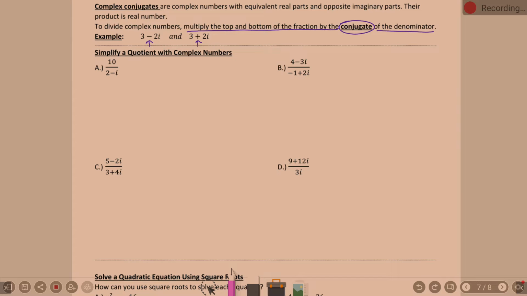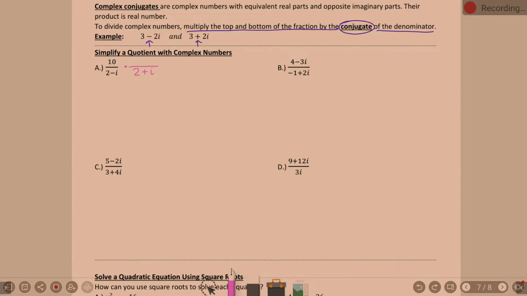So your process today is going to be multiplying by the conjugate of the denominator. So what's my denominator right now? It is 2 minus i. What's the conjugate of 2 minus i going to be? 2 plus i.